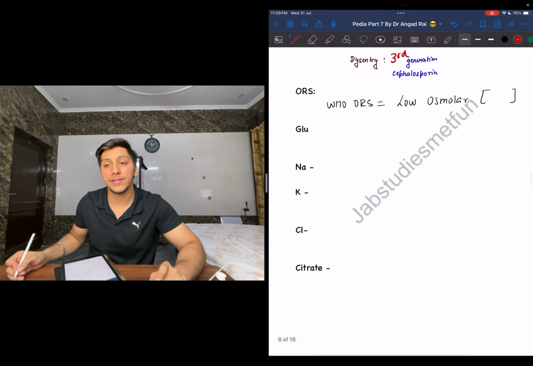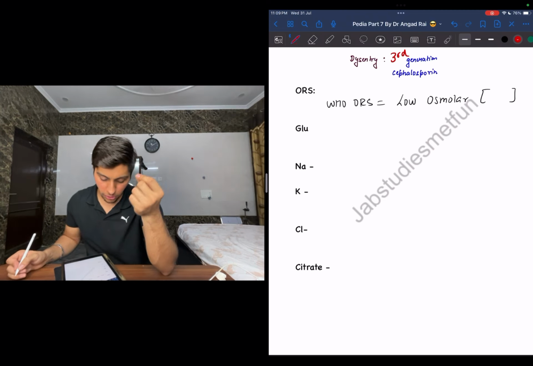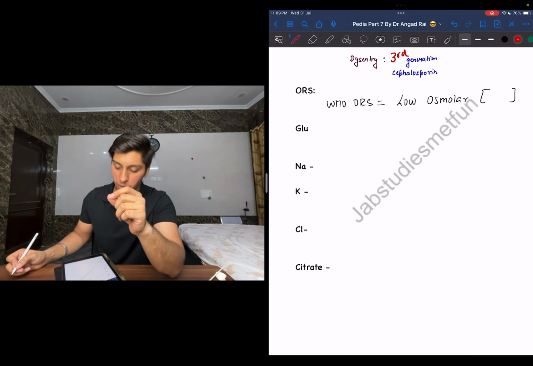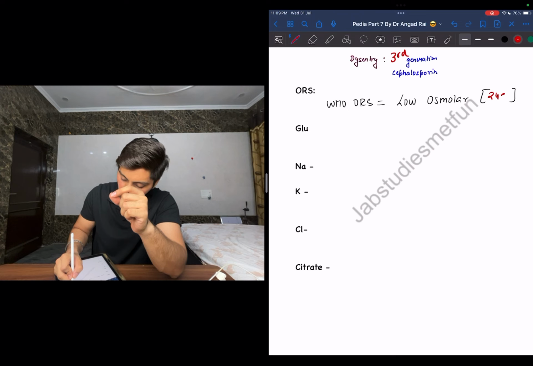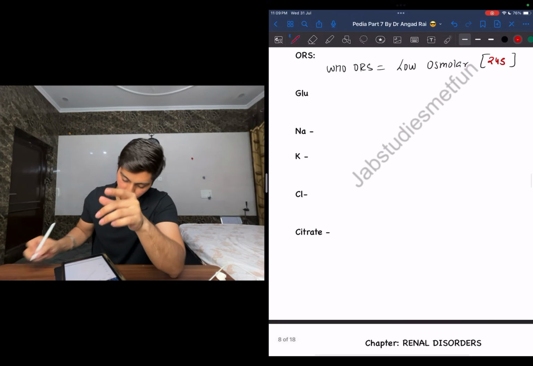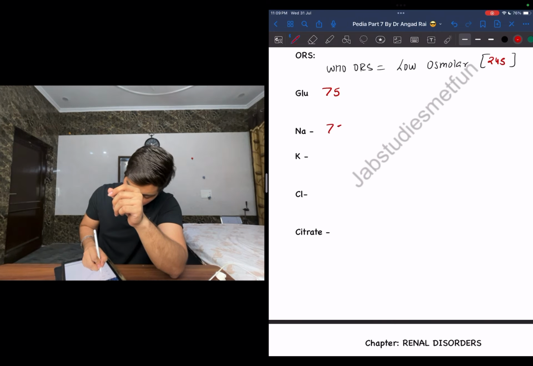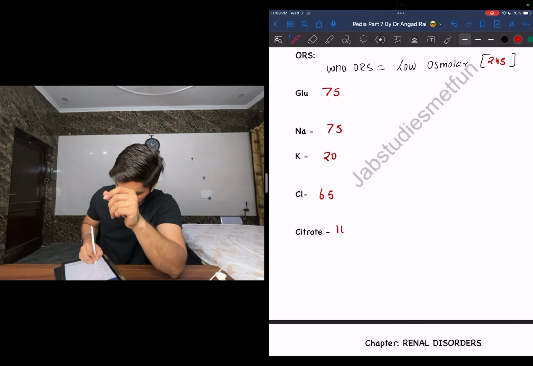Talking about ORS, what constitutes it is very important. You guys need to know. WHO ORS is actually low osmolar, okay? 245 milliosmoles. Now they will ask you what the constituents are. Guys, glucose will be around 75, sodium also 75, potassium is 20, chloride is 65, and citrate is 10.